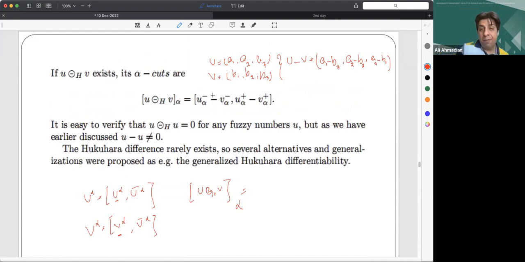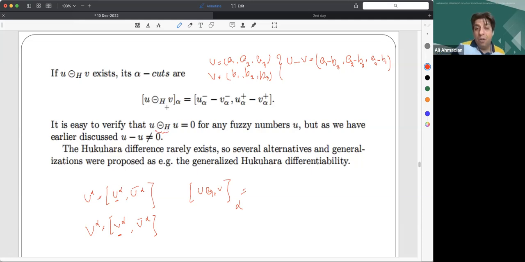In the Hukuhara difference we have u alpha lower minus v alpha lower, and u alpha plus, or upper, minus v alpha plus, or upper. You can see that we don't change the order. This is the difference between the classical subtraction and fuzzy subtraction based on the Hukuhara concept.